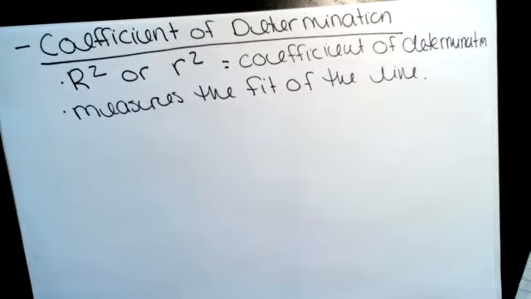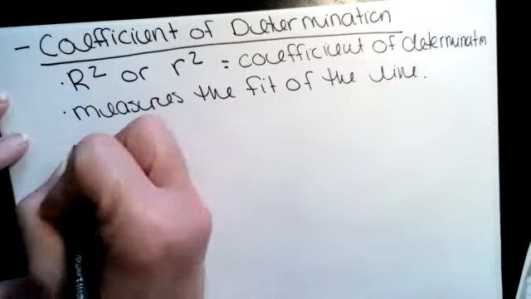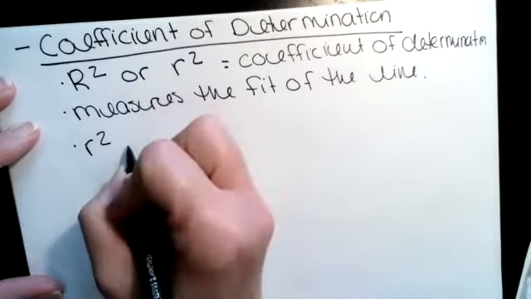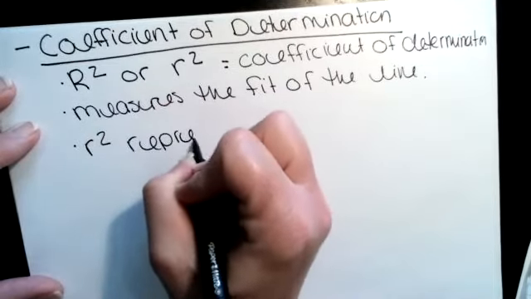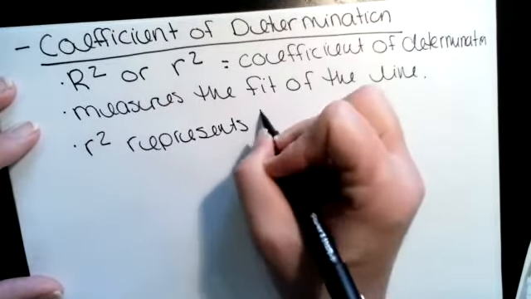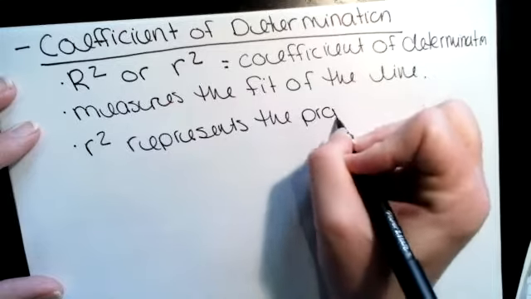Okay. All right, let's talk a little bit about this r squared and what it shows us. So r squared represents the proportion.